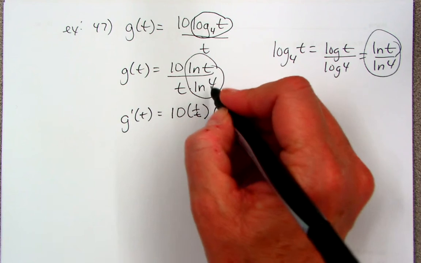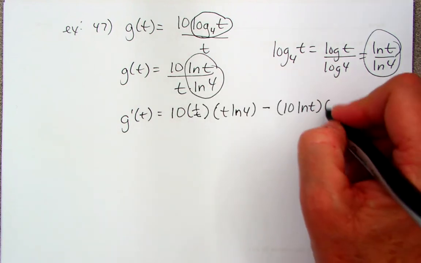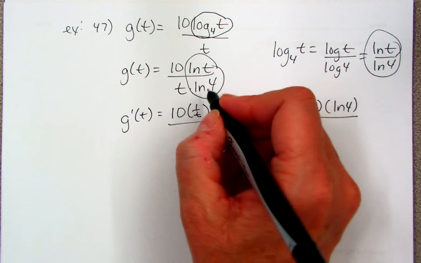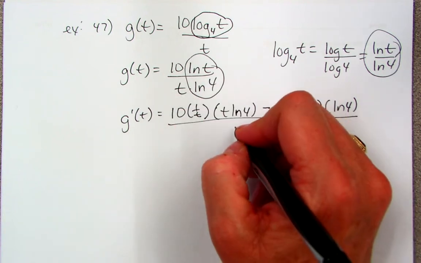Natural log of 4 is just a number, so it's a number times t. So it's just going to be natural log of 4, all over the denominator squared.